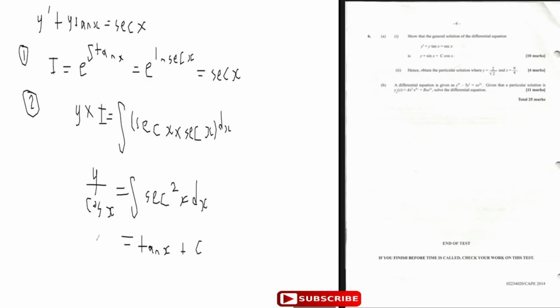All right, and so this is y over cos x. Now you want to make y the subject, so you're going to multiply through by cos x. You're going to get y is equal to tan x times the cosine of x plus your constant c times cos x.